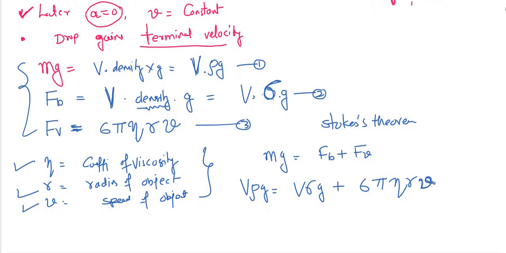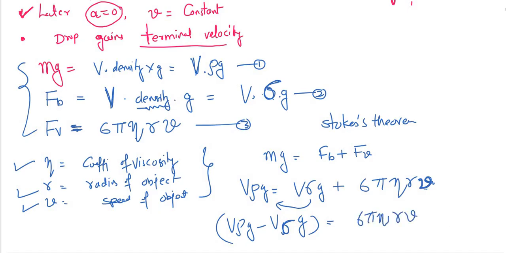We are interested in calculating the speed with which it is falling. This is what is called terminal velocity. So I take this term to the other side: V rho g minus V sigma g is equal to 6 pi eta r v.